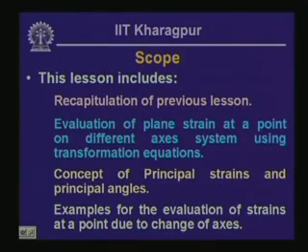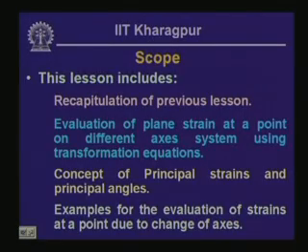Hence, this particular lesson includes the recapitulation of previous lesson. In fact, as we have done in the past, we will be discussing the questions which I had posed in the last lesson, and in the process we will recapitulate the aspects which we had looked into in the last class.